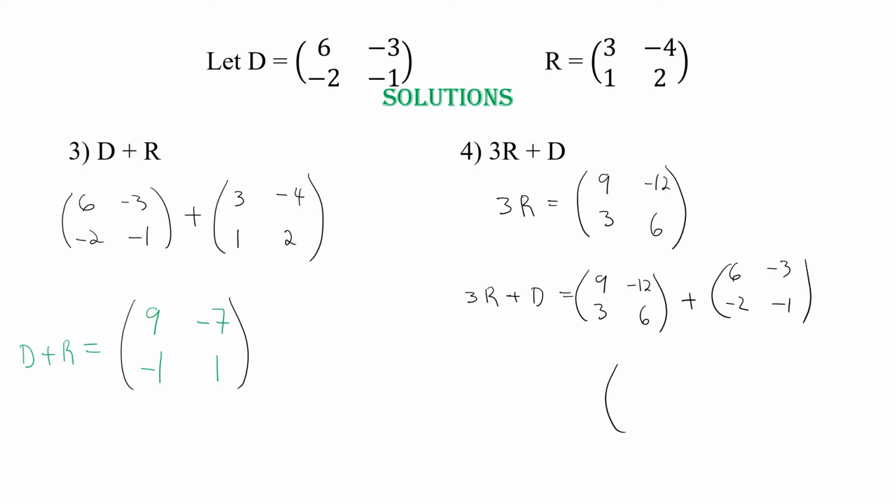And when we solve this here we're supposed to get 9 plus 6, that's supposed to be 15. Then you have minus 12 plus minus 3, that's actually negative 15. Then we have 3 plus negative 2, that's actually just 1. And then we have 6 plus minus 1, and that is just 5. So this here will be our result when we do 3R plus D.